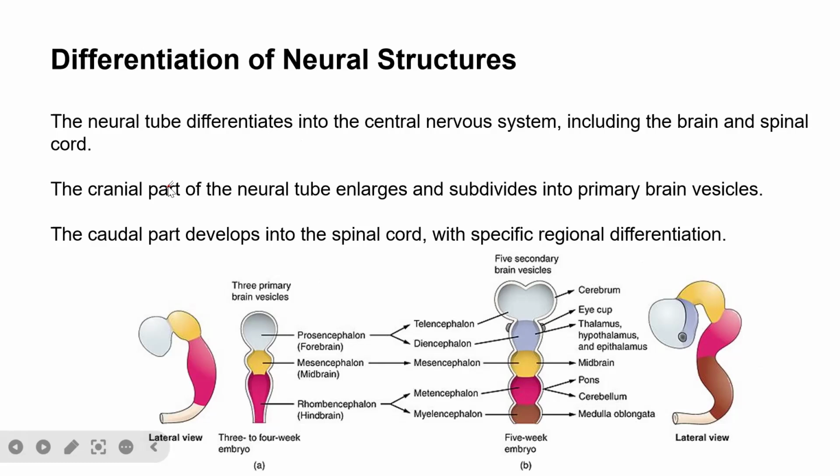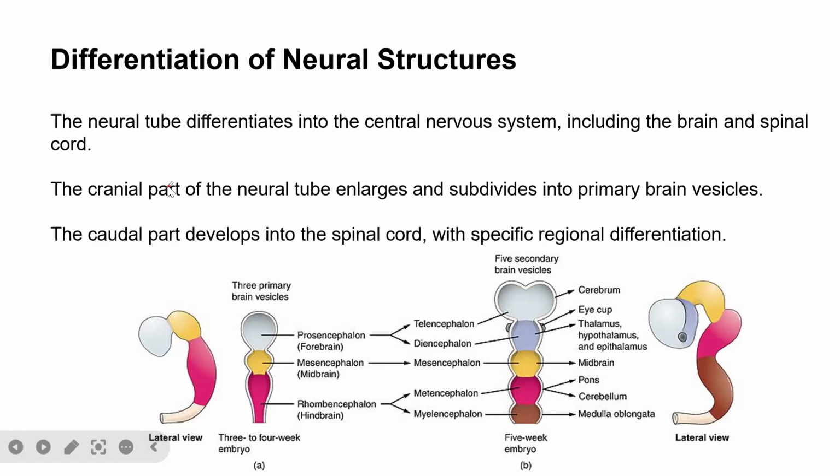So as we can see, even the telencephalon will further divide. It started from three primary brain vesicles and then finally the five secondary brain vesicles. And at the end, you can see that the telencephalon will generate the cerebrum. And then the diencephalon will produce the eye cup, thalamus, hypothalamus, and epithalamus.